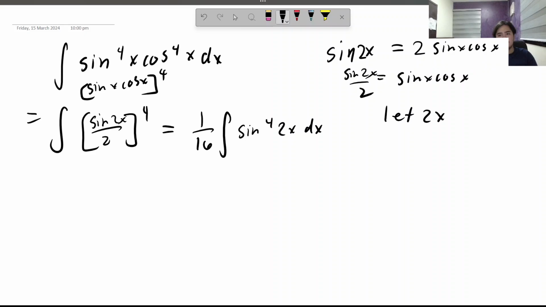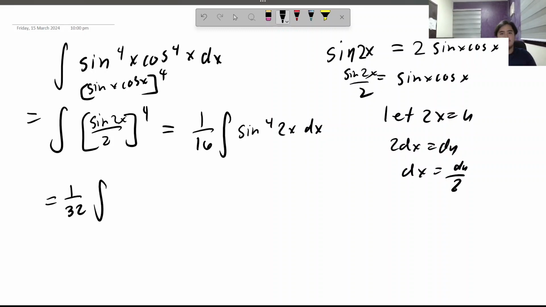Let's let 2x equals u. Then 2 dx equals du. dx equals du over 2. Why are we doing this? Let's just put 1/2 on the outside, so 1 over 16 times 1/2 is 1 over 32. Then sine to the power 4u du.